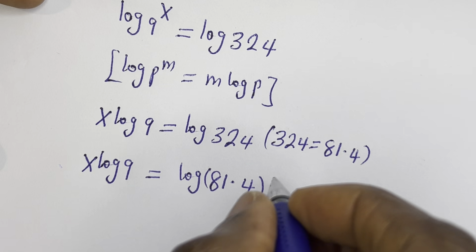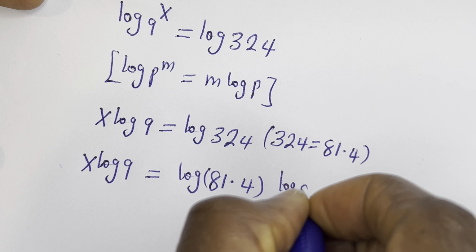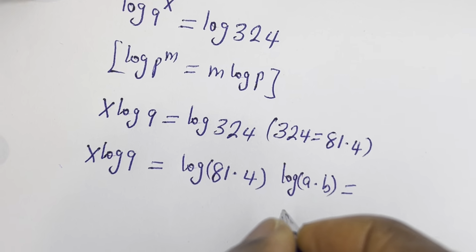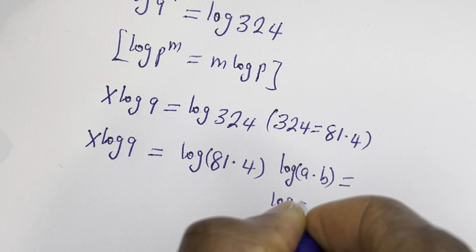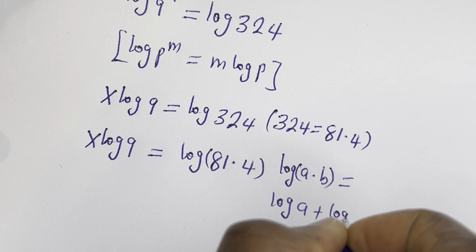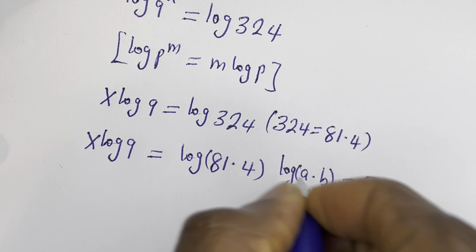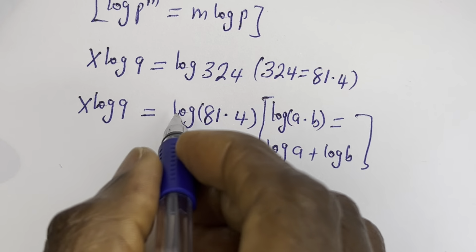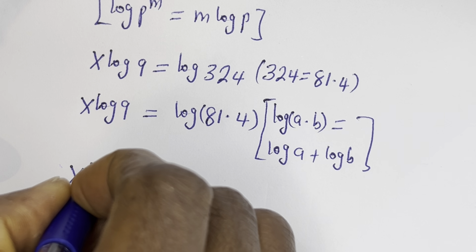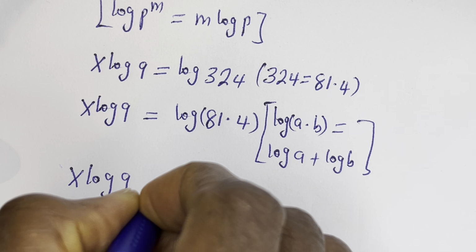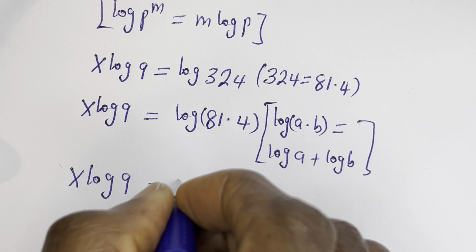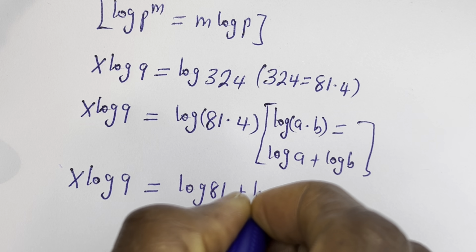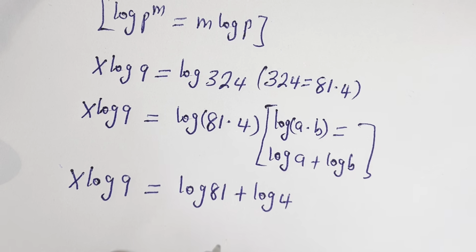Now take note of this, that if you have log a multiplied by b, this is equal to log a plus log b. Then this can be written as x log 9 is equal to log 81 plus log 4.